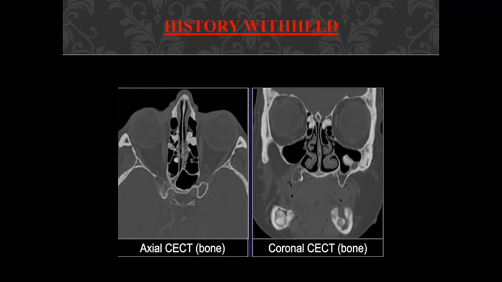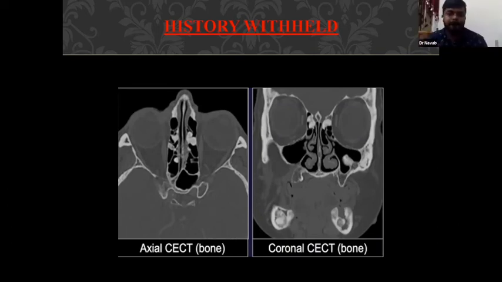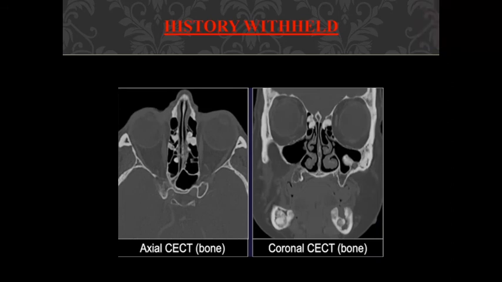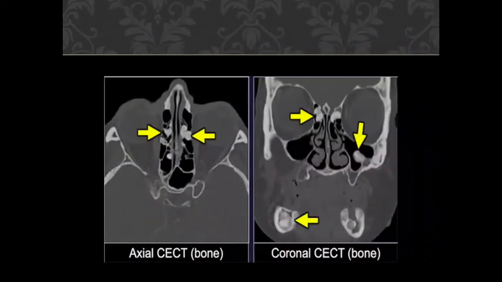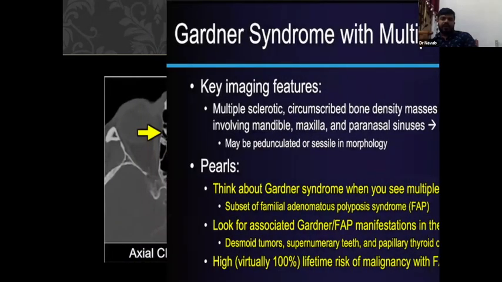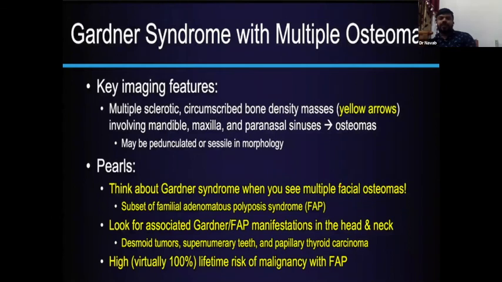These are osteomas. Okay, multiple areas, multiple osteomas, especially in the left maxillary sinus. Then also within the left ethmoid. Then below you see the mandible also, and in the mandible also. So what is your diagnosis? Gardner syndrome with the multiple osteomas.